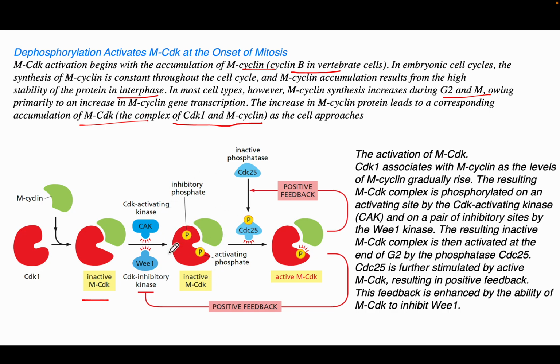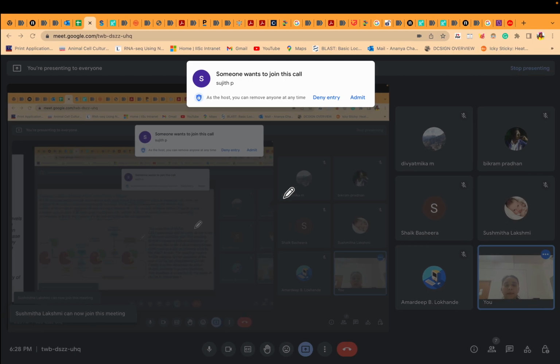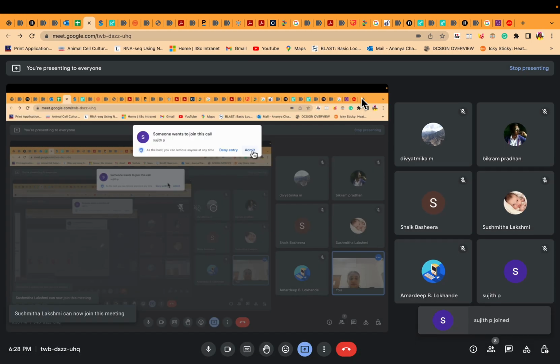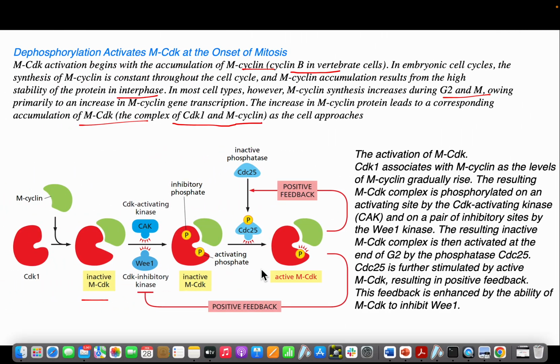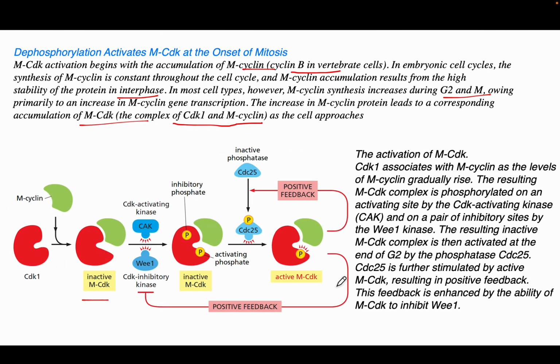The resulting inactive MCDK complex is then activated at the end of G2 by the phosphatase CDC25. CDC25 is further stimulated by active MCDK, resulting in positive feedback.